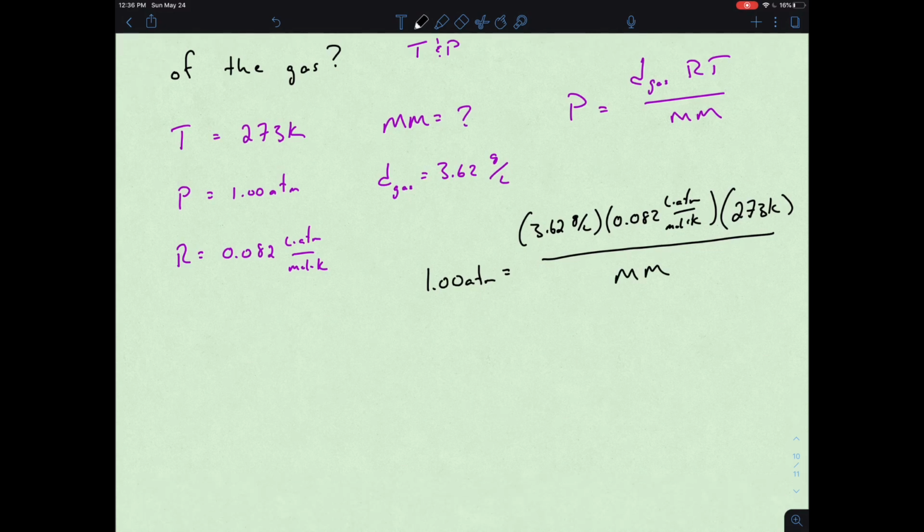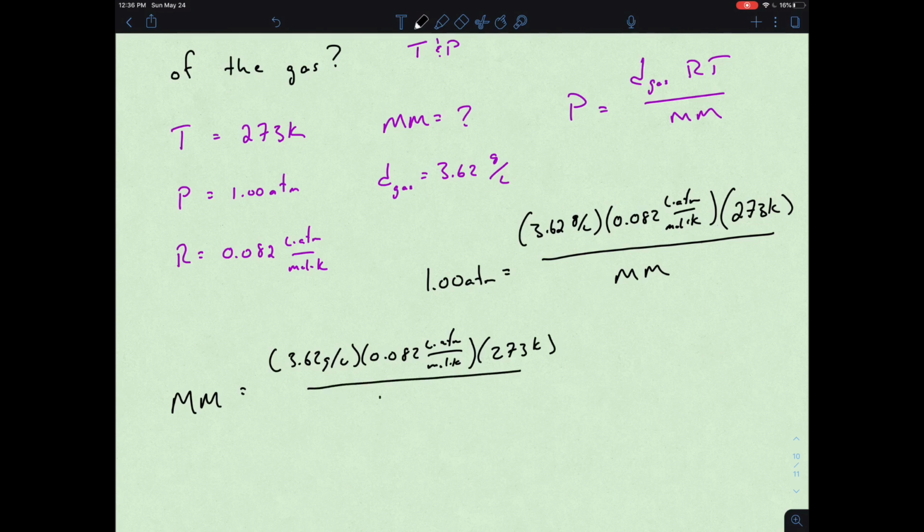So if we solve for molar mass, really it's just the product of our numerator right over that pressure of 1 atmosphere, and we end up with a molar mass of 81 grams per mole.